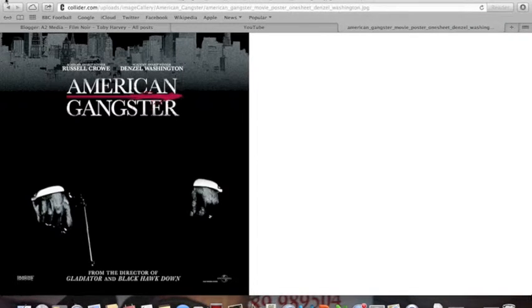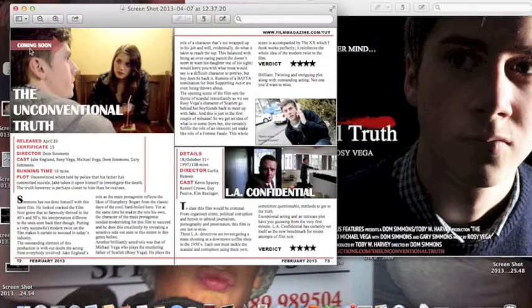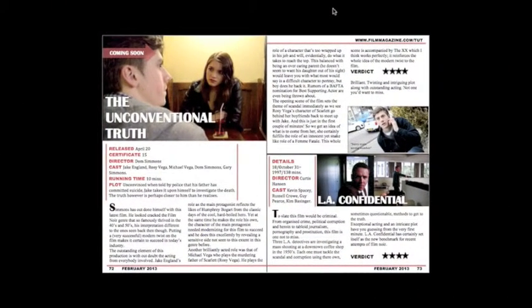Staying with the font, I also used that font on my double page spread, which is here. That font was Times New Roman. I used Times New Roman for all the actual review, all the text here, and here.